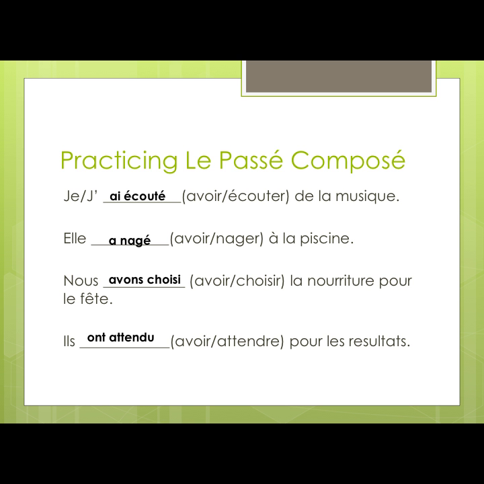Next, we have nous avons choisi la nourriture pour la fête. We chose the food for the party. And finally, ils ont entendu pour les résultats. They listened for the results.